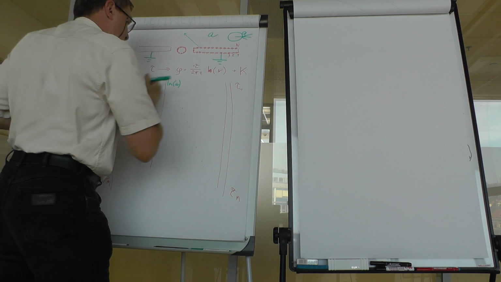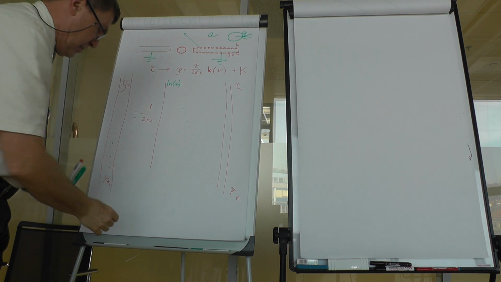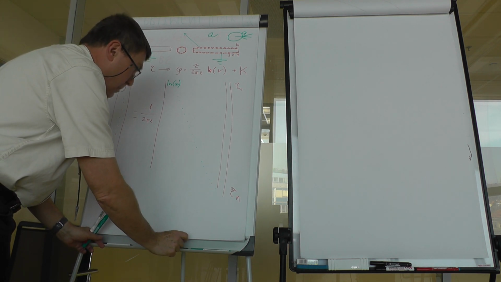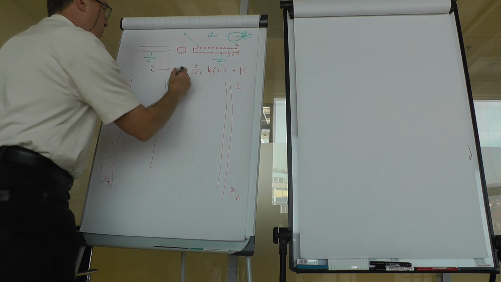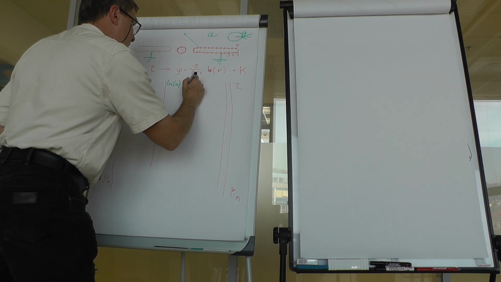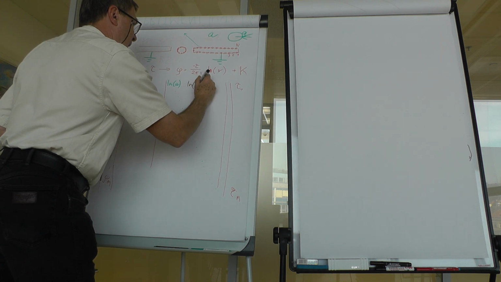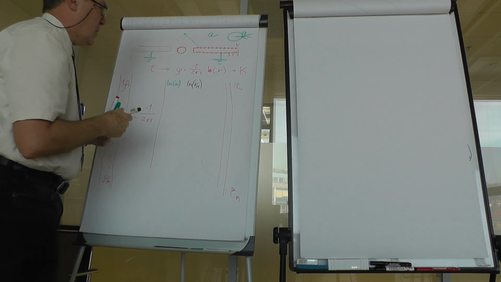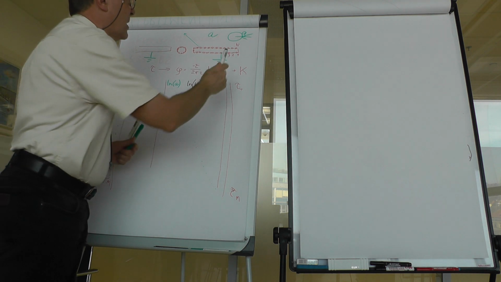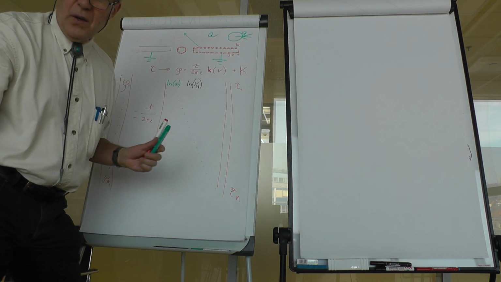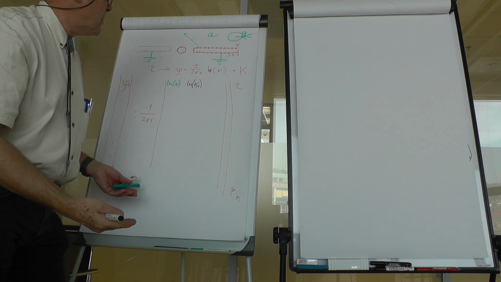So the second term, I would put it there in black, would be logarithm R21, where R21 is the distance between the second and first wire.